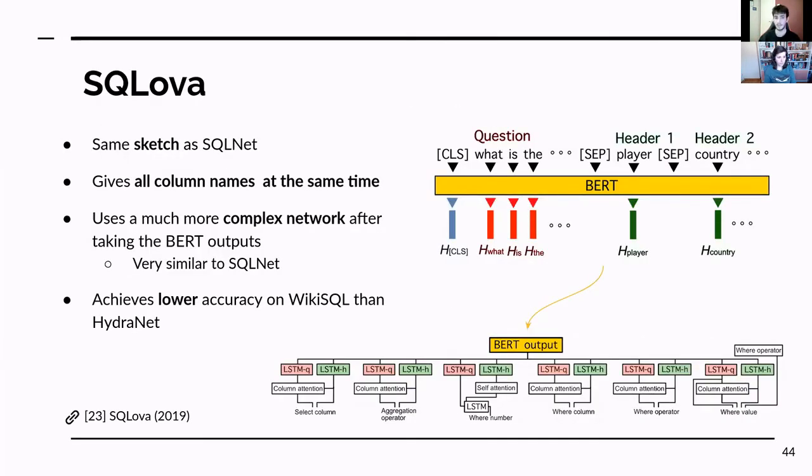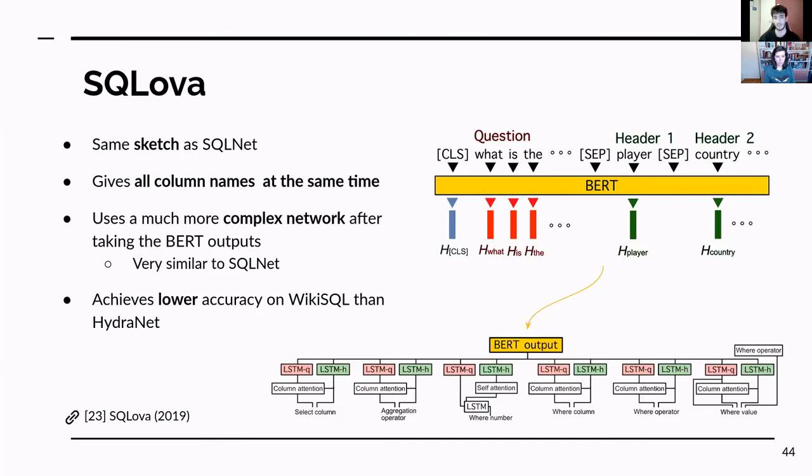Another sketch-based system is SQLova. It also uses the same sketch as SQLnet. A main difference from HydraNet is that it processes all the column names at the same time. So in this case, we would construct our inputs again, starting with a CLS token followed by the question, and we would mark its ending with a separating token.